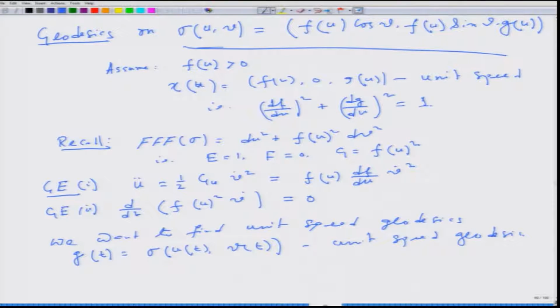What does it mean? 1 equals the norm of gamma dot of t, squared. Now calculate: sigma(u(t), v(t)) is given to us, so this will be simply u dot squared plus f(u)^2 v dot squared. Why is it so? You can check.